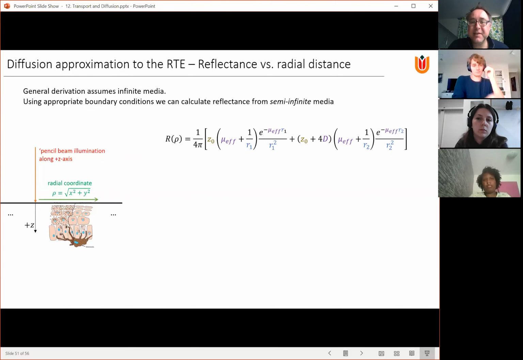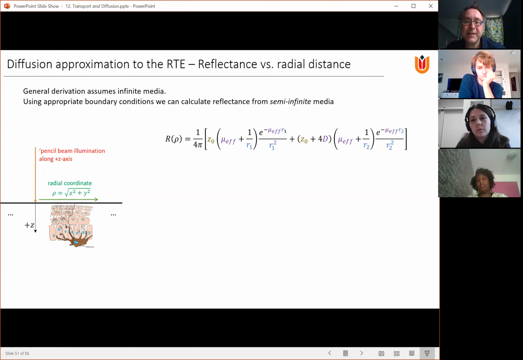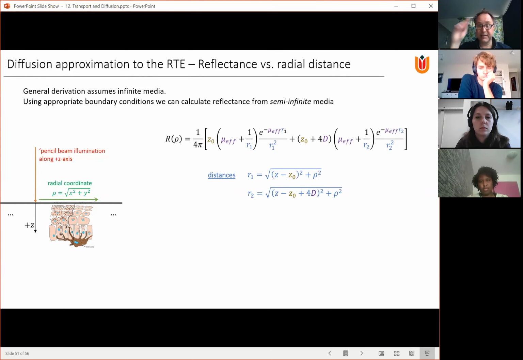So again, a quite ugly equation it may seem, but if we look a little bit closer, then we'll notice some things. There are distances in here, R1 and R2, that are just geometrical distances from that fake point source, which is located at a depth Z0, to some point on the boundary.